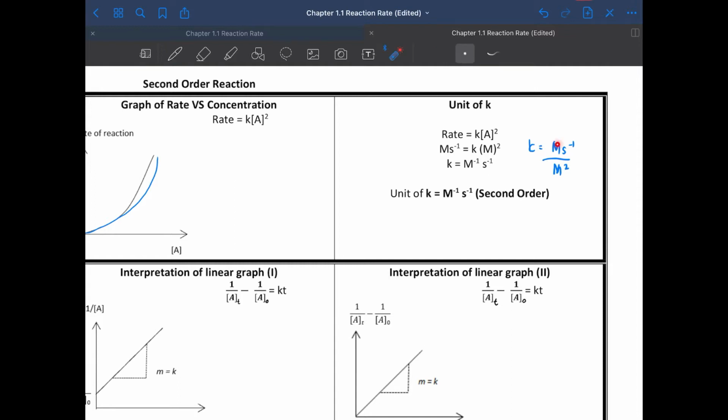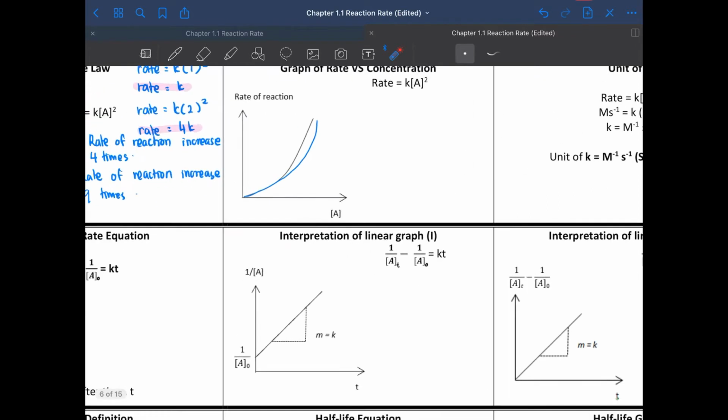Okay, so M power 1 minus 2 equal to M minus 1. Okay, so M minus 1 per second. So, unit of K adalah per molar per second untuk second order. Okay, so kalau kamu perasan dah 3 unit yang berbeza kan. Zero order tadi, unit lain, first order lain, second order lain.